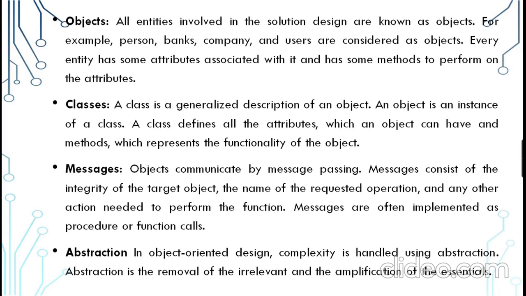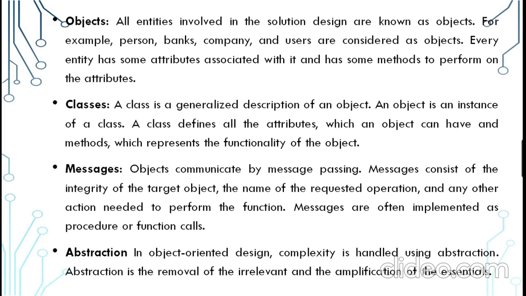Similarly, we have the classes. A class is a generalized description of the object. An object is an instance of a class, and a class defines all the attributes which an object can have and the methods which represent the functionality of the objects.